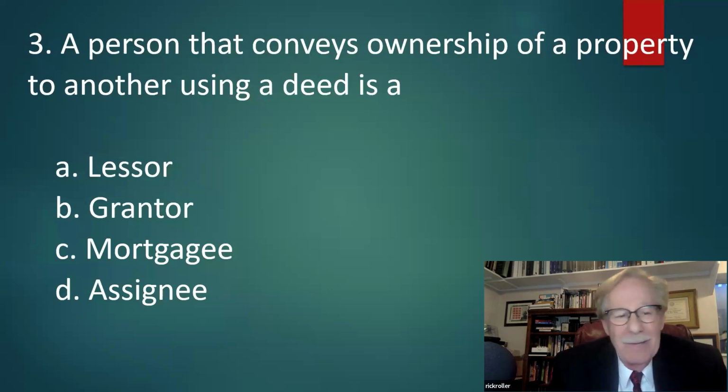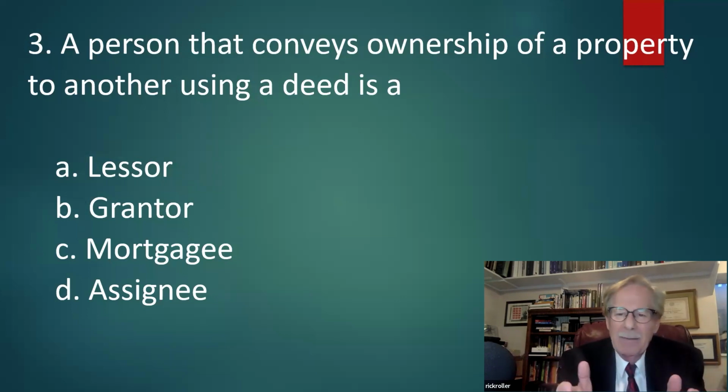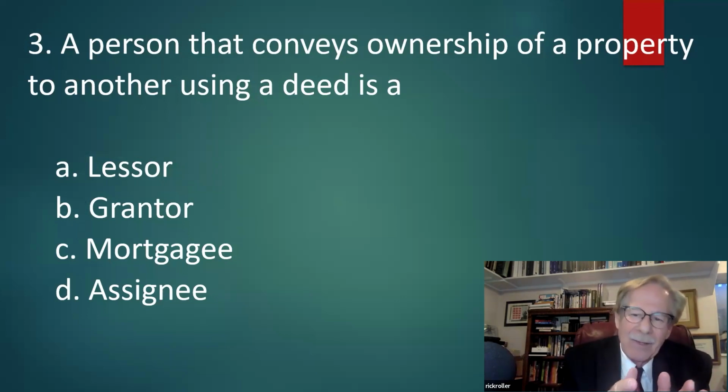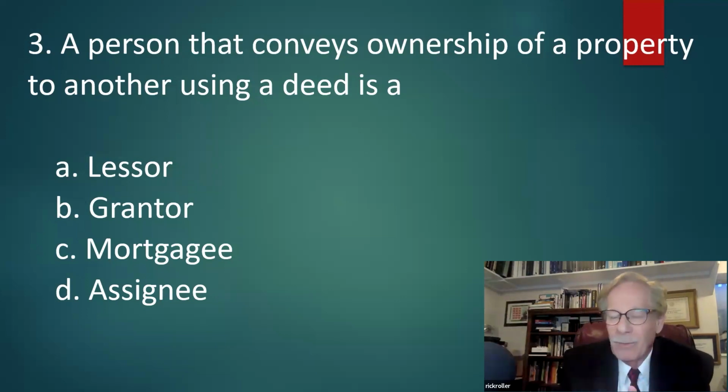Some people don't even get a loan. Or they are an assignee. That's someone that had something under contract and then assigned it or gave it to someone else, or assigned it to their corporation or to a family limited liability company or a trust or something. They put it under contract in their name and then they put it into an entity name later. And that's an example of assignment.